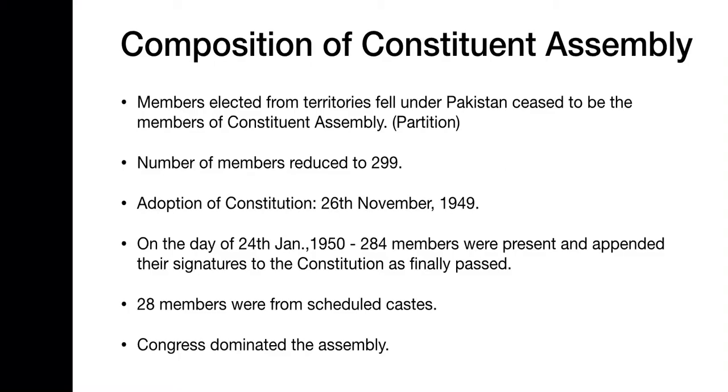And on 24th January 1950, only 284 members appended their signature to the Constitution as finally passed. So Indian Constitution came into force on 26 January 1950. The Constitution was thus framed against the backdrop of horrendous violence that the partition unleashed on the subcontinent. There were 28 members from the scheduled caste in the Indian Constituent Assembly, and as predicted, Congress dominated the Constituent Assembly.